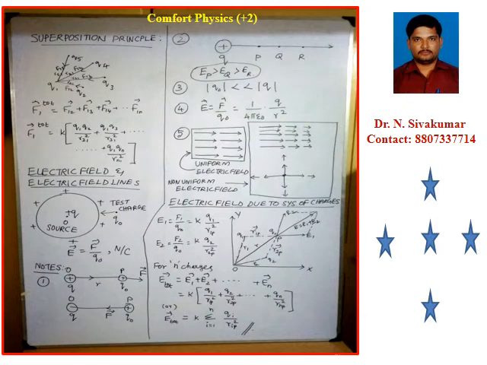Now we are going to discuss about the electric field at point P due to charge Q1. As we discussed earlier, the distance between the point P and the charge Q1 is R1P. We are measuring the distance from Q1 to point P. Similarly, if you are measuring a distance from charge Q2 to point P, the distance is R2P.